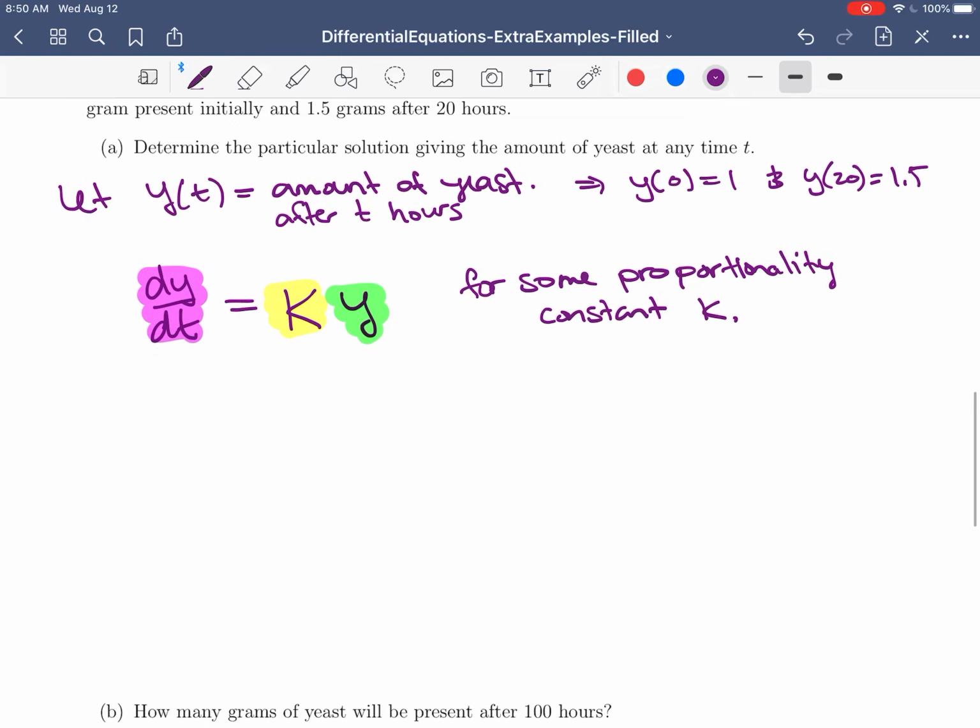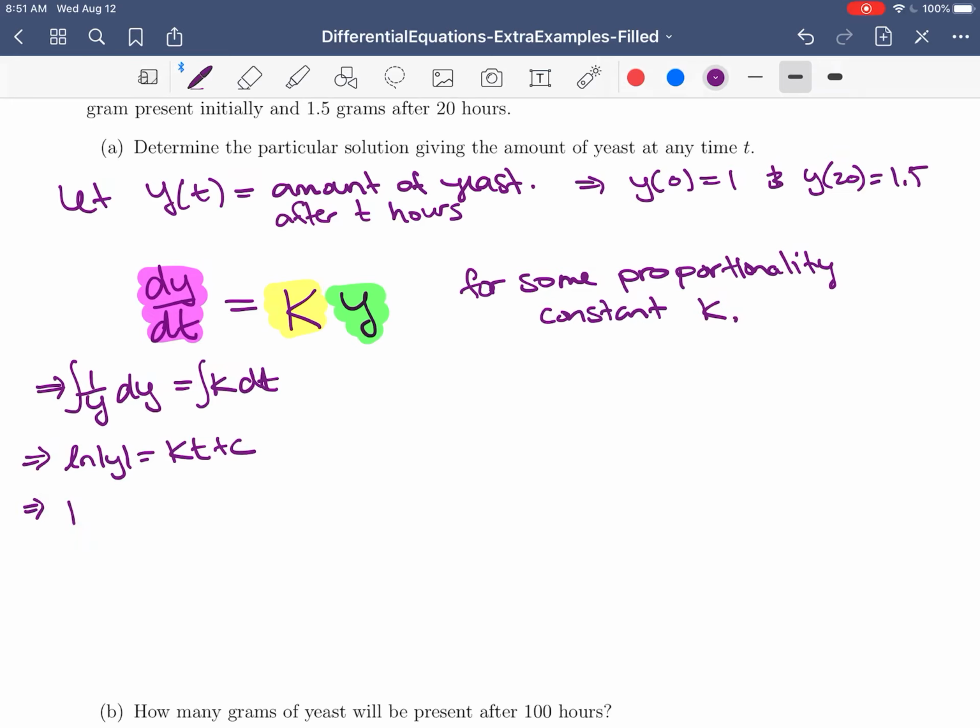Okay, so we want to solve this. We actually did this already. Maybe I'll just do it quickly here on the side. So I'd move the y over. So I have 1/y dy, and then I move the dt over is k dt. And then I can integrate. So that means that ln y is equal to kt plus c.